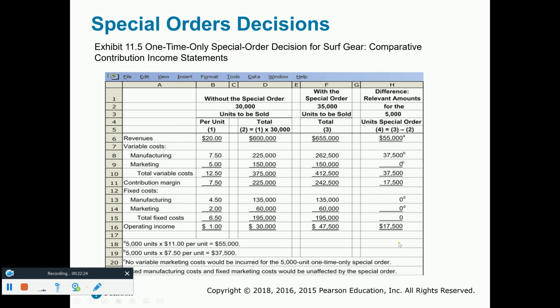So we have a $17,500 difference to contribution margin, which is the same as the difference to operating income. Looking at this quantitatively only, without looking at any qualitative factors, we would say yes to accepting this special order.